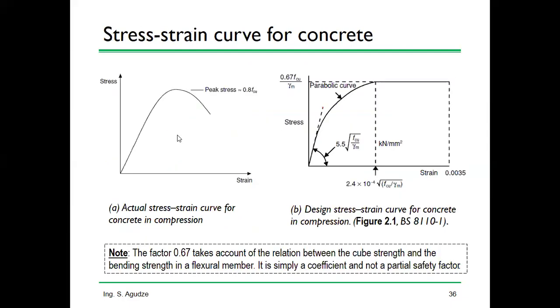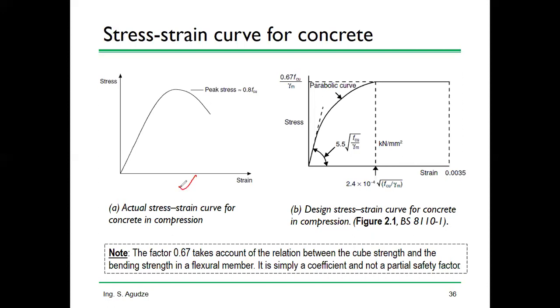These are things you should also partly know in design 1. Now, again, you see the stress strain graph, it has come back again. Wherever you pass, everywhere you go, there's a stress strain graph. So this is the actual stress strain graph for concrete.